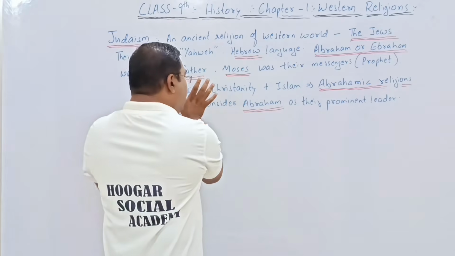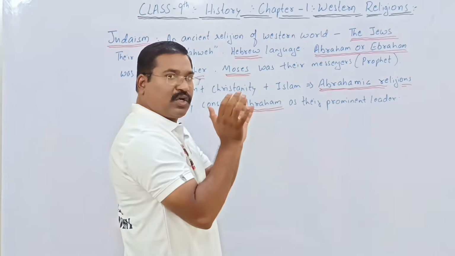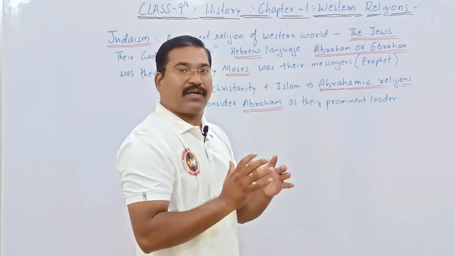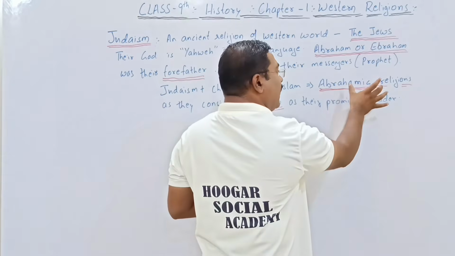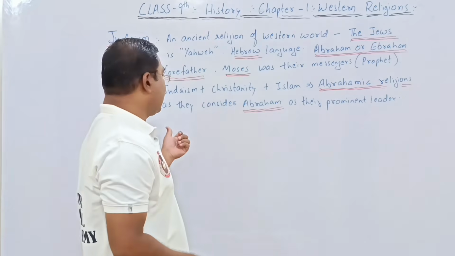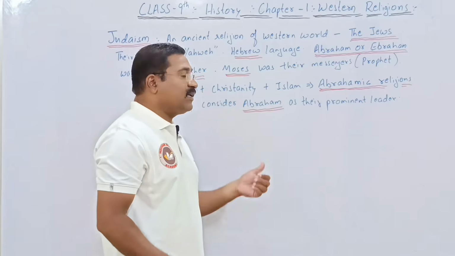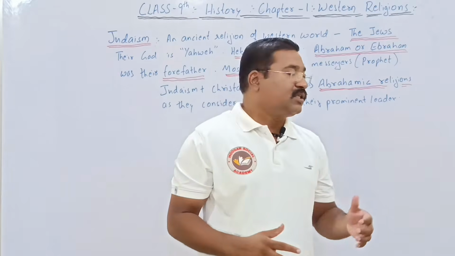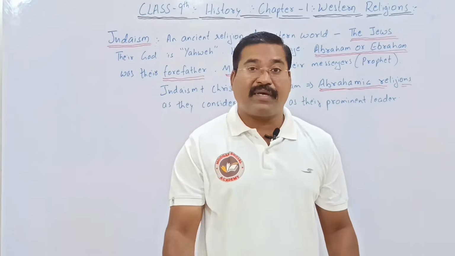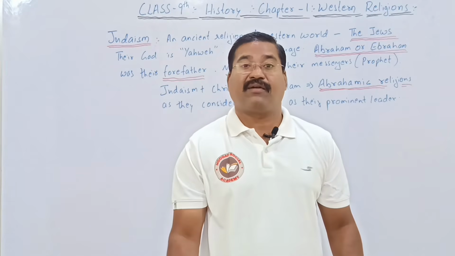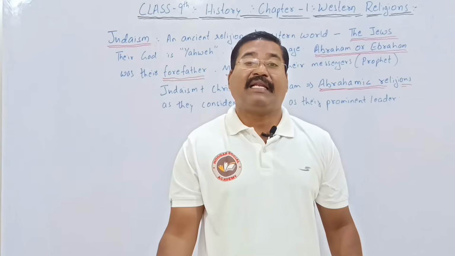It's because among these three some common beliefs are there. So all three together are referred to as Abrahamic religions. As they consider Abraham, what do they consider? They consider Abraham as their prominent leader.